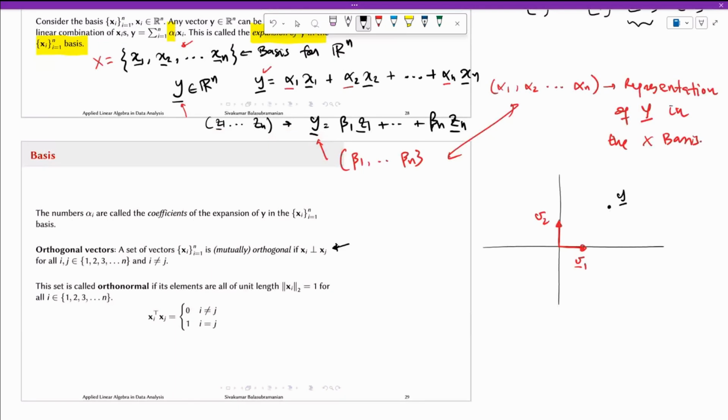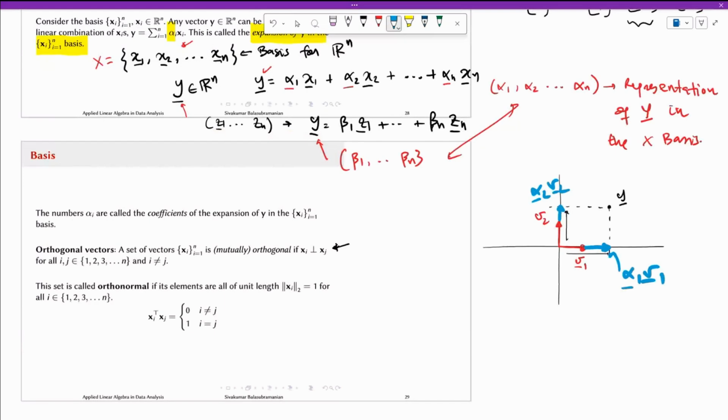So I scale v2 by this amount, v1 by this amount, and if I add them together, I'll get y. This is alpha 2 times v2. This is alpha 1 times v1. And if I add alpha 1 times v1 plus alpha 2 times v2, I will get y. So here, alpha 1 and alpha 2 are the representation of this vector y in the v1, v2 basis.